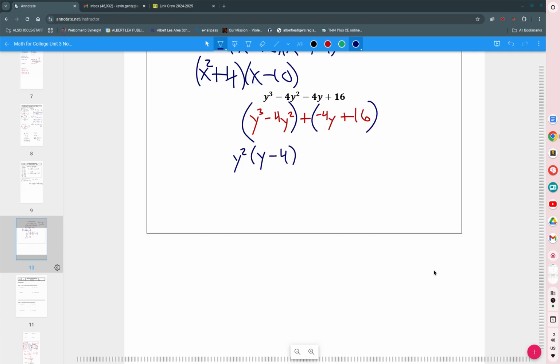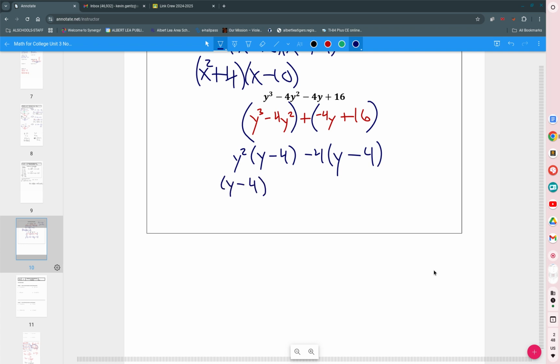Now, when you take something out of the second set, the binomials must match. So should I take out a positive 4 or a negative 4? A negative 4. And when you do, it leaves you with a positive y and a minus 4. Now it becomes just like the problem we had up above.